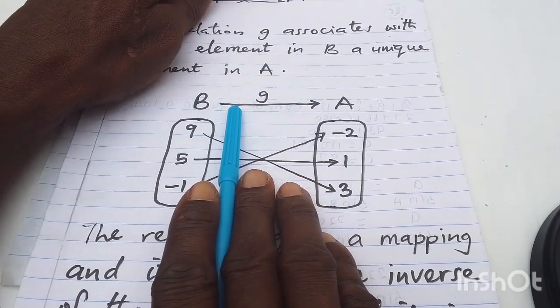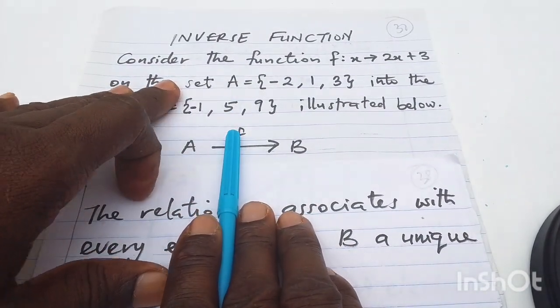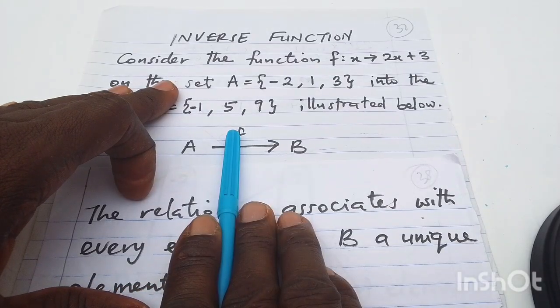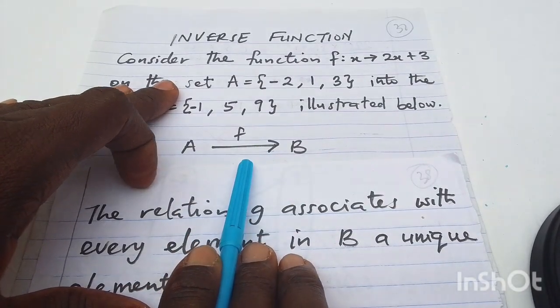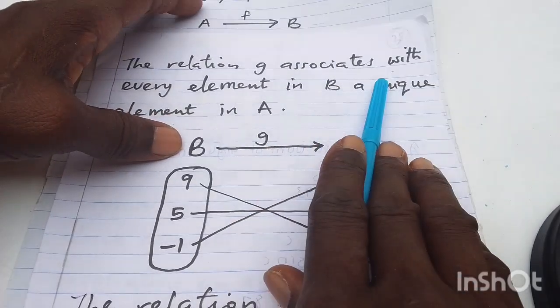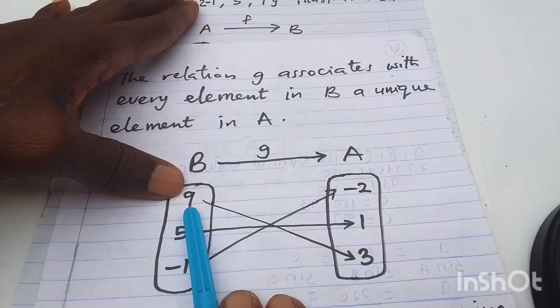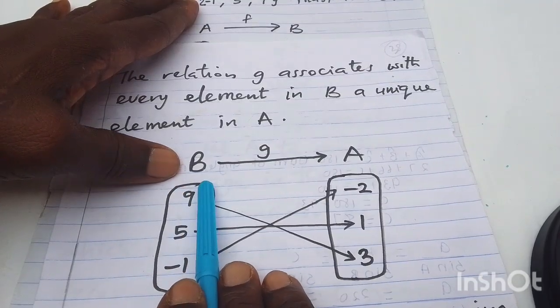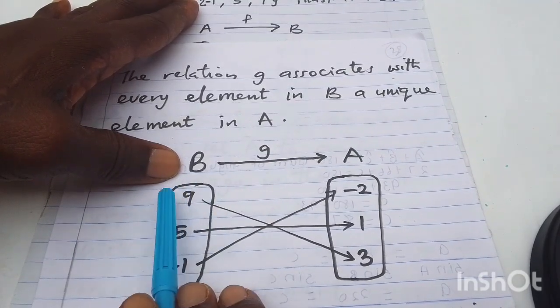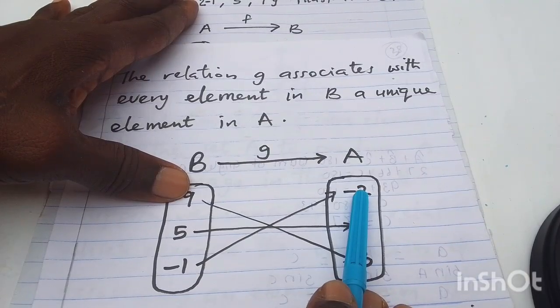So the mapping that reverses f is what we know as the inverse. The inverse of f will now make B the domain, while A will now become the codomain.